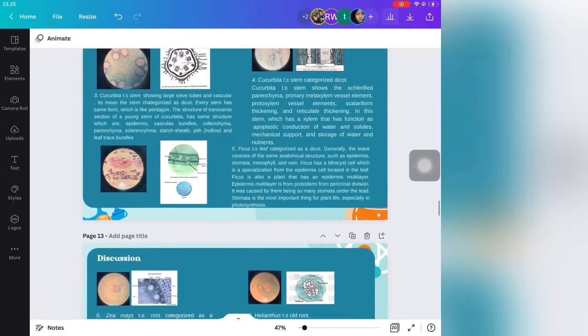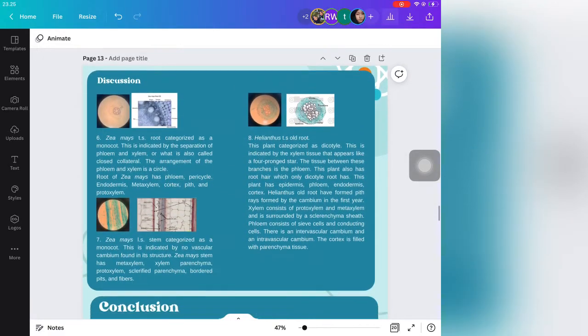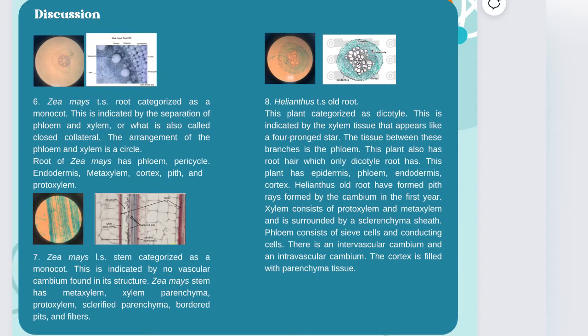And the next one is the maize TS root, which is categorized as a monocot. This is indicated by the separation of phloem and xylem, or what is also called closed collateral. The arrangement of the phloem and xylem is a circle. Root of zeamice has phloem, pericycle, endodermis, metaxylem, cortex, pith, and protoxylem.